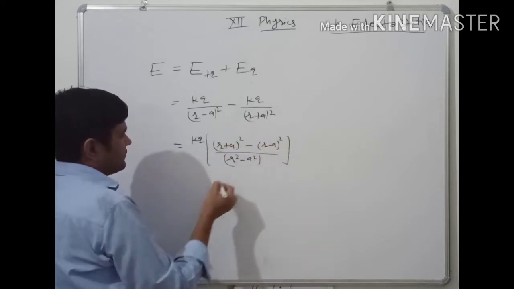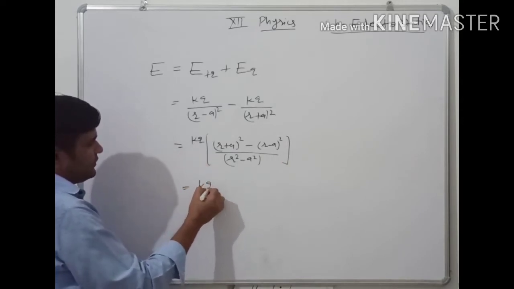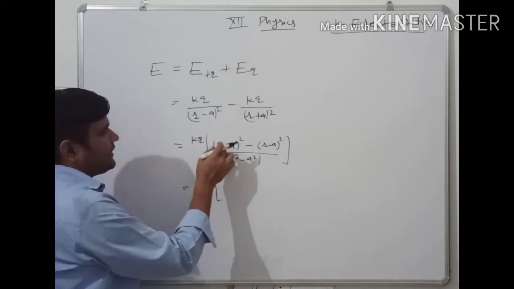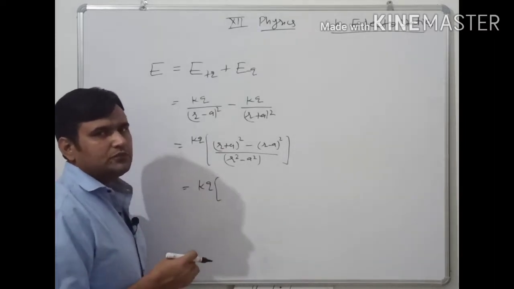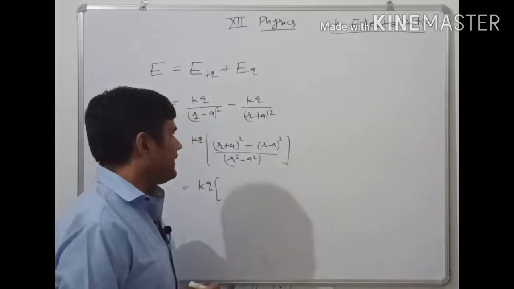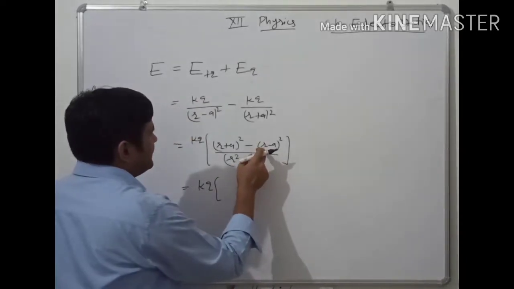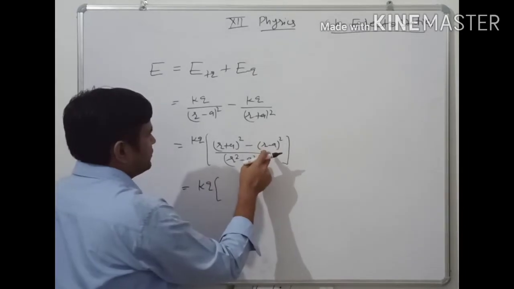When we solve it, kq is constant, (a plus b) whole square is a square plus b square plus 2ab, and (a minus b) whole square is a square plus b square minus 2ab.